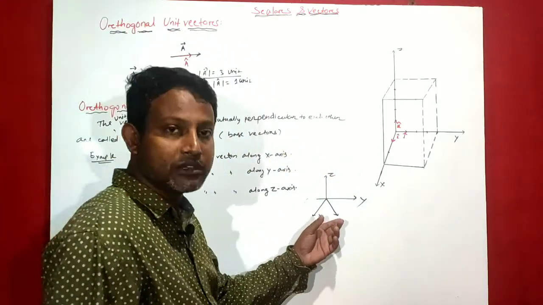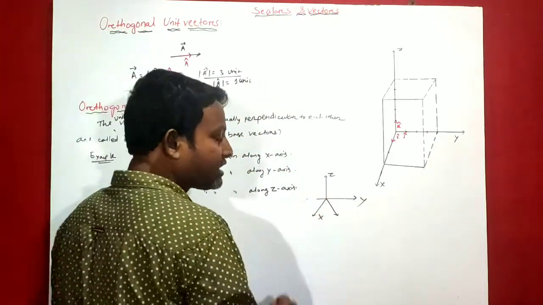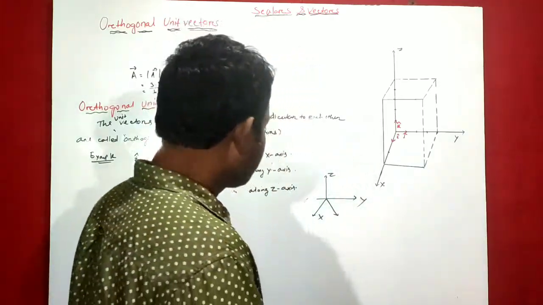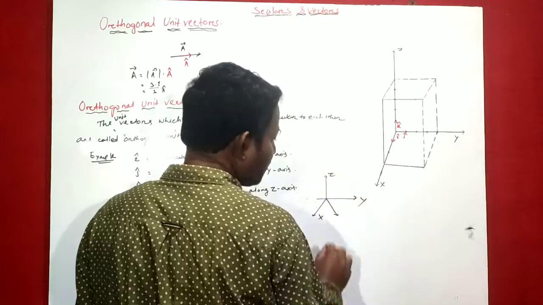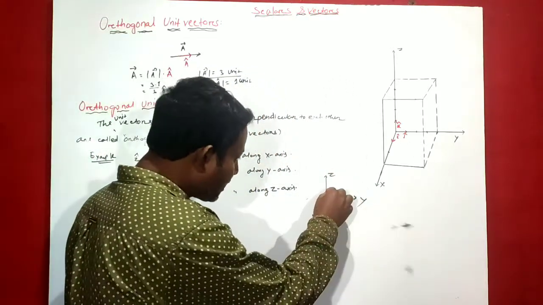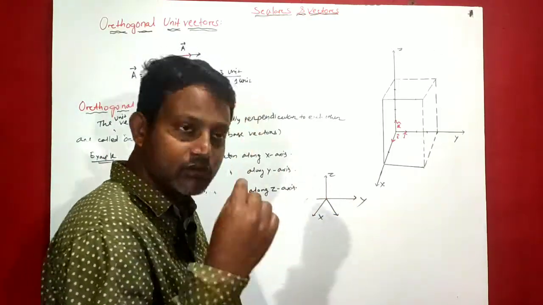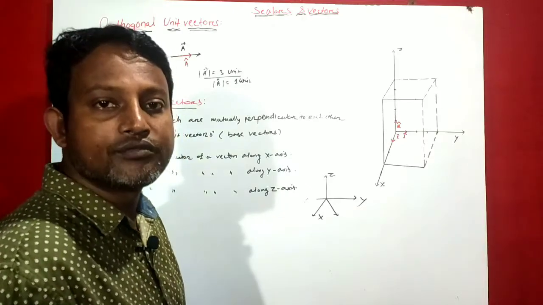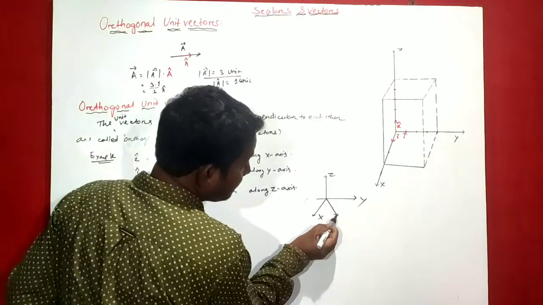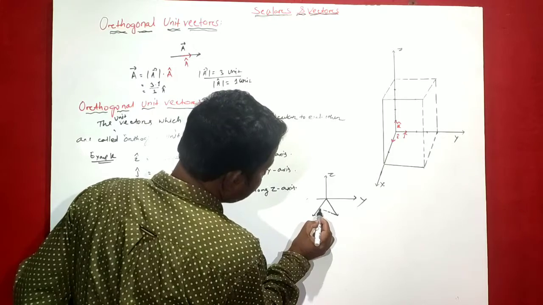No, guys, this is not a new dimension. Actually, this motion is the combination of two directions. That is along the x-axis and along the y-axis also. That means when I move from here to here, I move along x-axis and y-axis also. How far I move in x-axis? Draw a perpendicular.